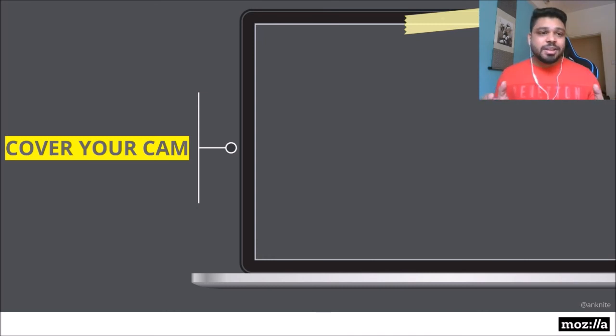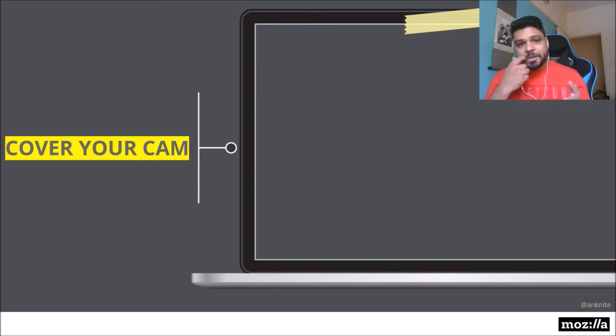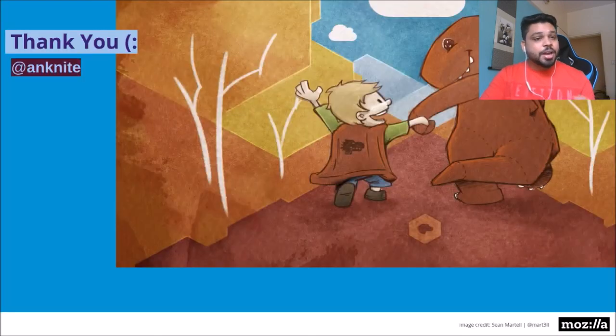So this is more than enough for me to understand that you are continuously being spied on. If your data is so much worth protecting, then every camera on every device that you use can be spied on. If you do not have a camera cover, you can use a tape. Tape is cheap, right? All right, so that was your random tip and a session on tracking protection with Firefox and how you can actually guard your privacy.